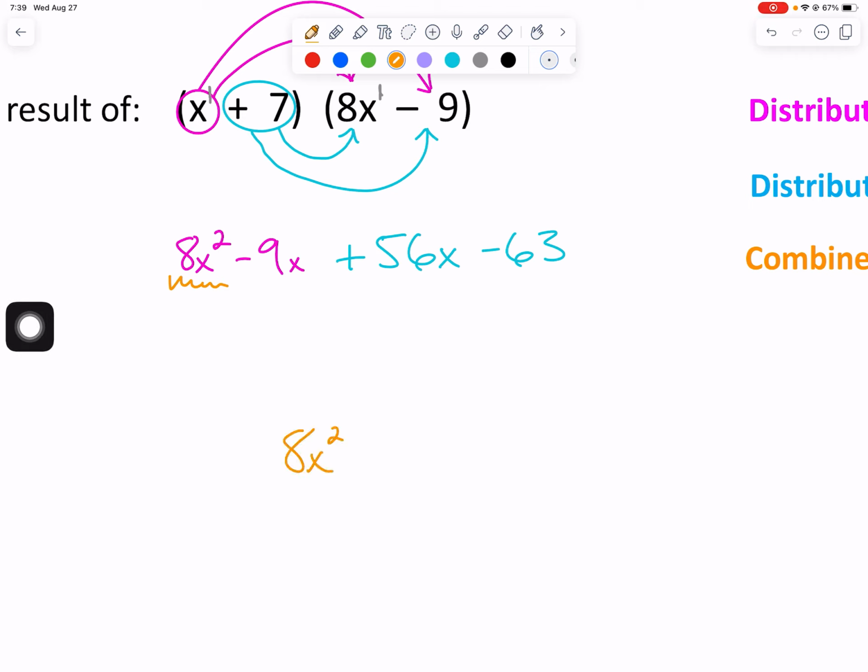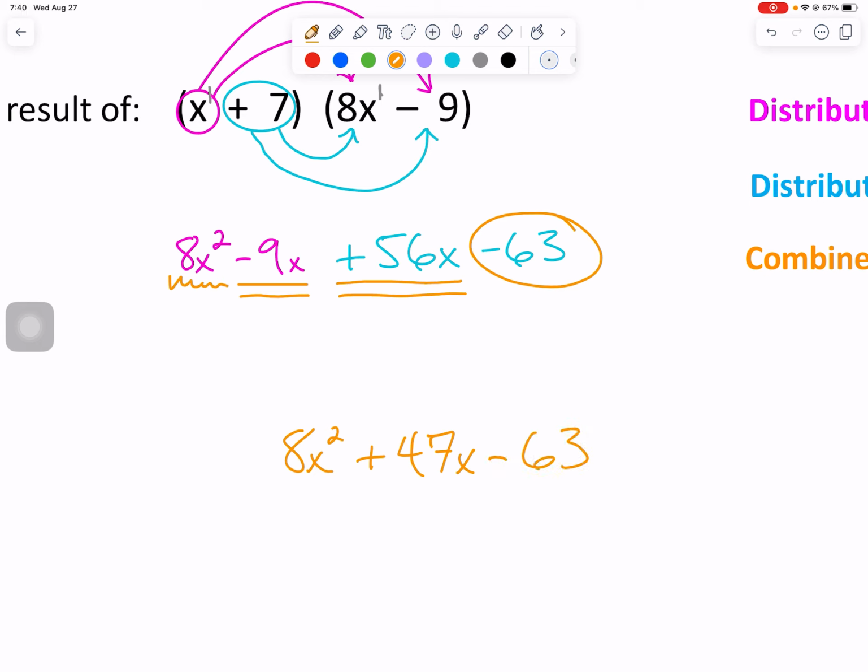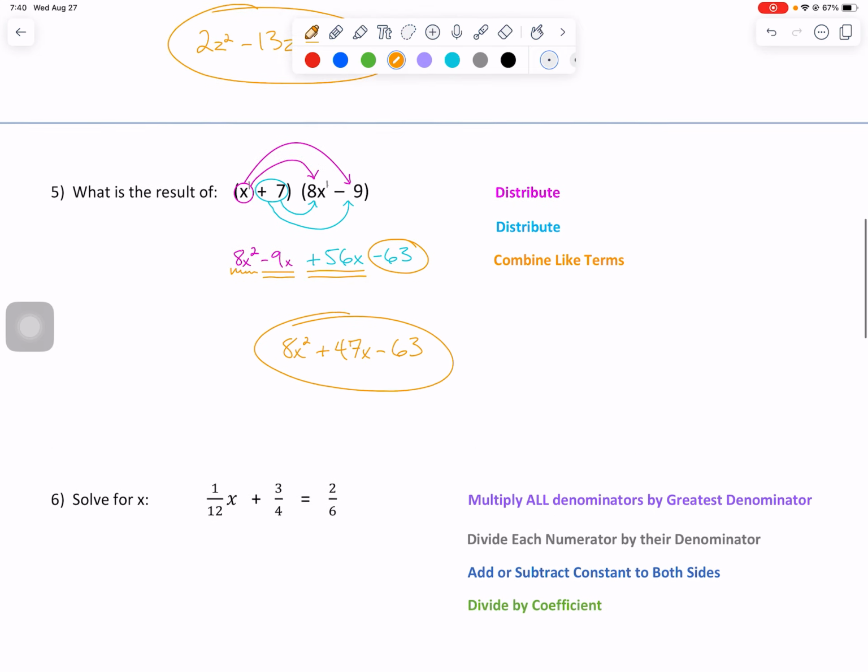So we're just going to write 8x squared. Then I'm going to underline twice negative 9x. Oh, yes, I can combine it with plus 56x, giving us wonderful work. Plus 47x. And our negative 63 here, can't combine it with anything. Let's go ahead and drop it down in part of our answer, and let's move forward.